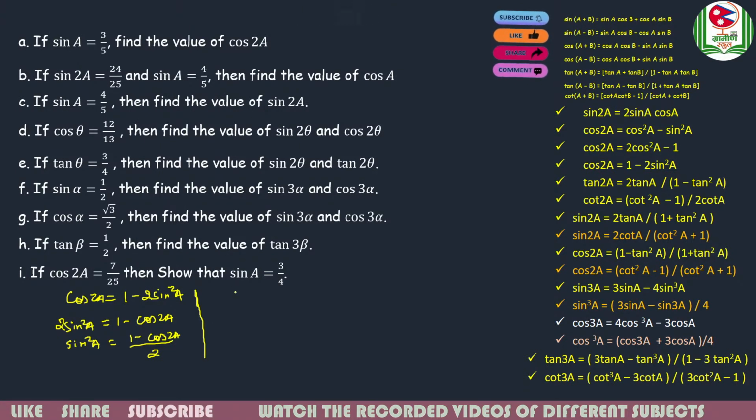And from this, sin A equals plus minus root under 1 minus cos 2A upon 2.